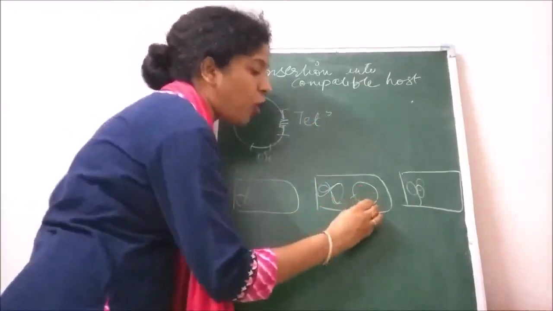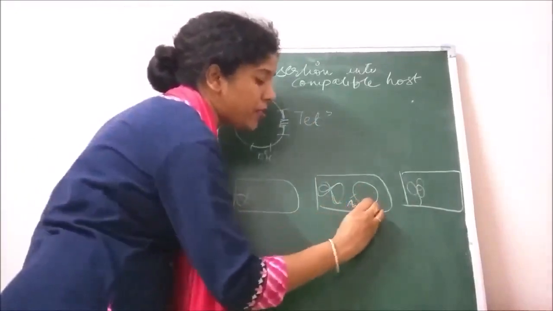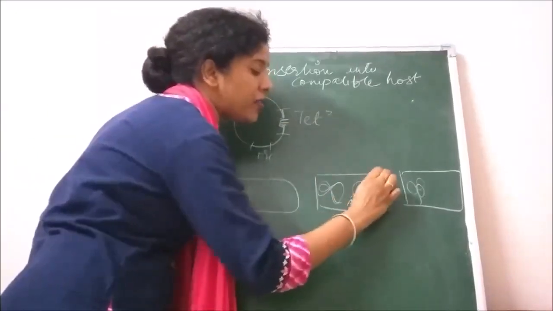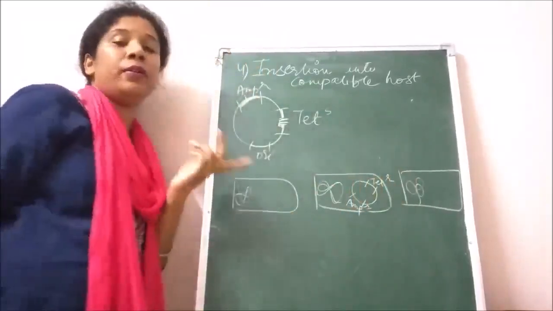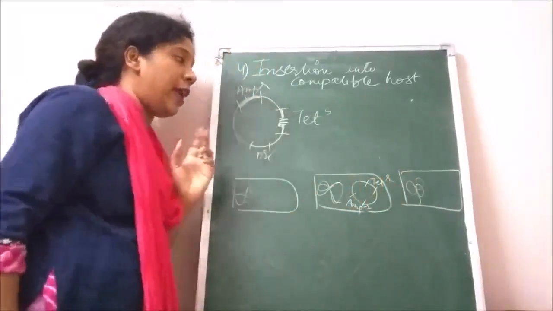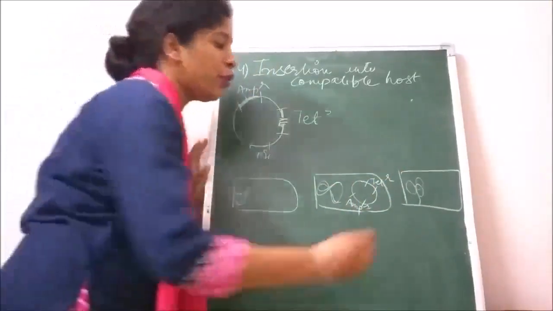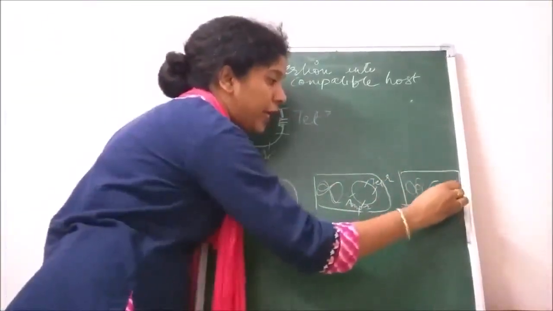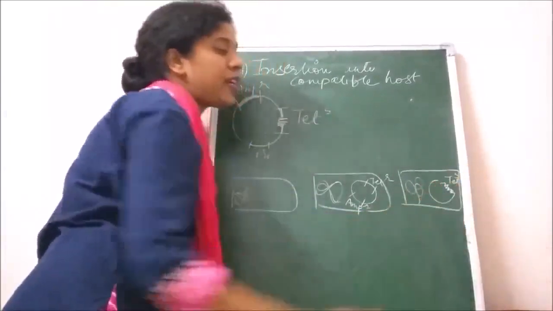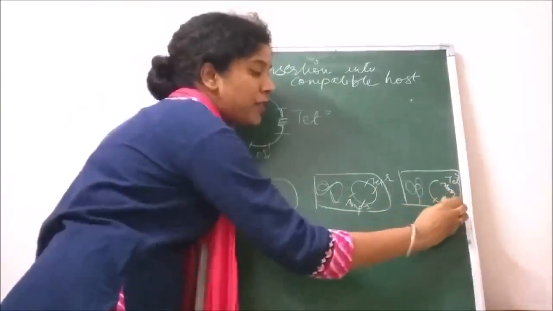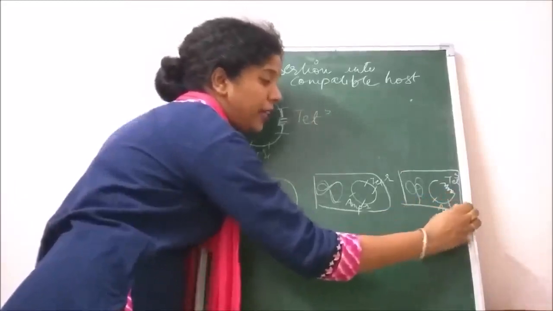In the non-recombinant molecule, the ampicillin resistance gene and tetracycline resistance gene would be intact because they have not been inactivated by the insertion of foreign DNA. However, in the recombinant molecule, the one which has the foreign DNA, the tetracycline resistance gene has been interrupted. So now it is tetracycline sensitive, and the ampicillin resistance gene remains as it is.